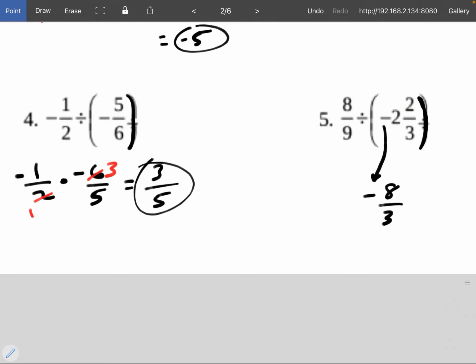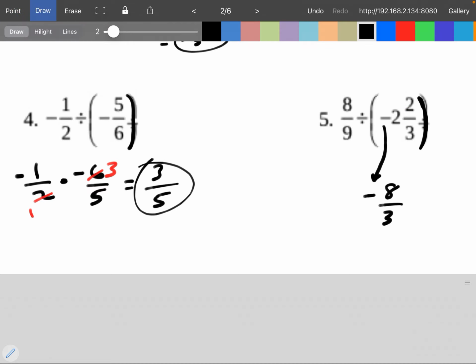Okay, and then let's see what else we've got to do here. So then I'm going to recopy the rest of this. So this is 8 over 9, and this is a division still. Okay, so now we still have to do the keep, change, flip, right? So all we did was change that second fraction from a mixed number to an improper fraction. So we're going to write 8 over 9, that's the keep.